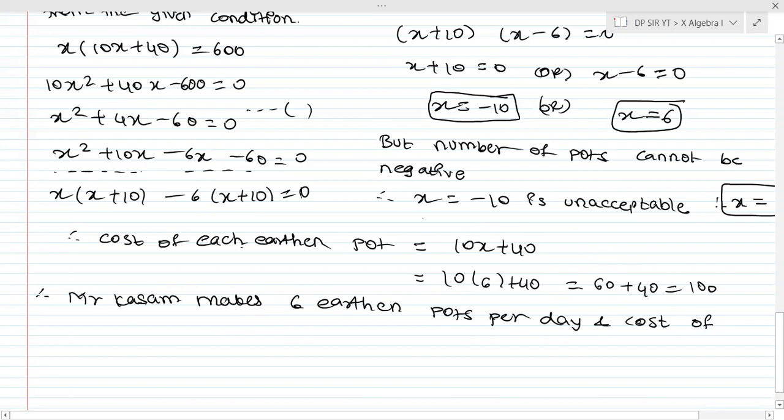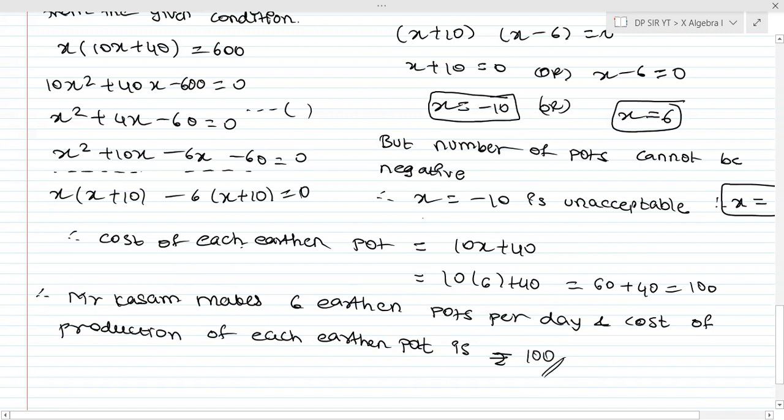Find the production cost and cost of production of each earthen pot. Sorry, each earthen pot is rupees 100. He makes 6 pots per day and rupees 100 is the production cost.